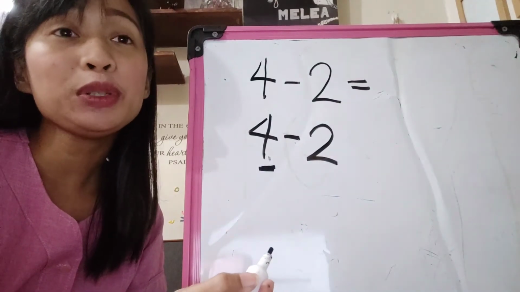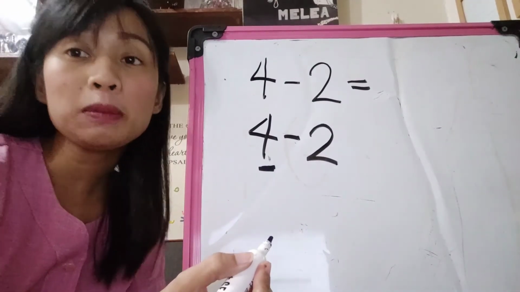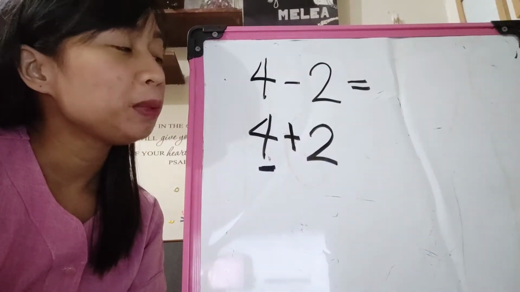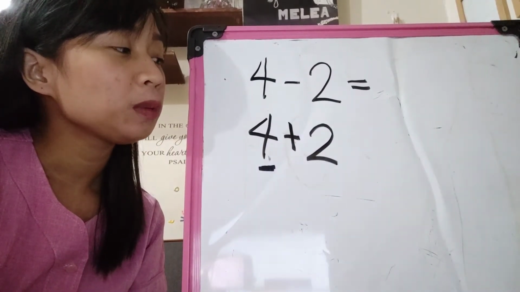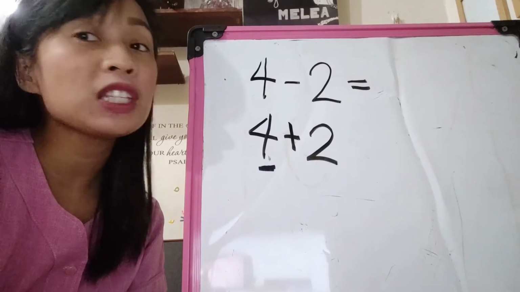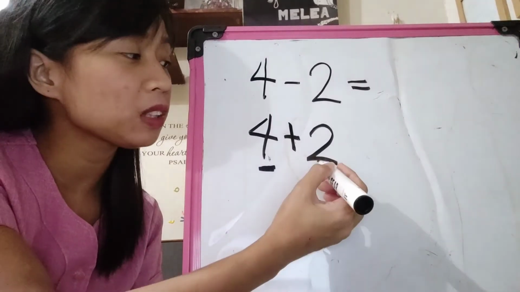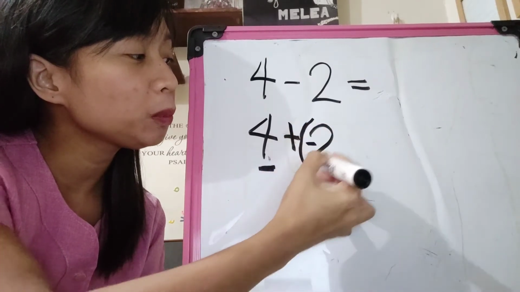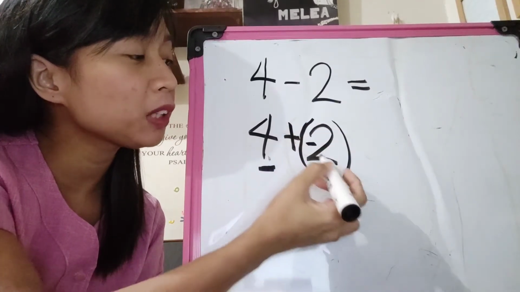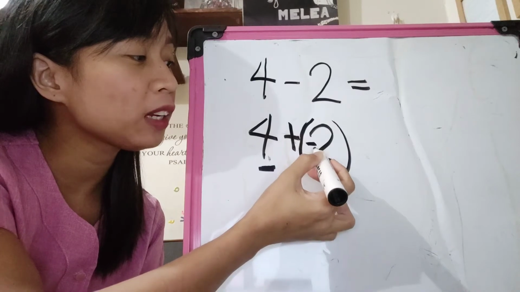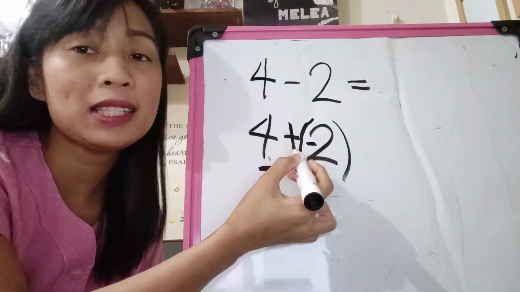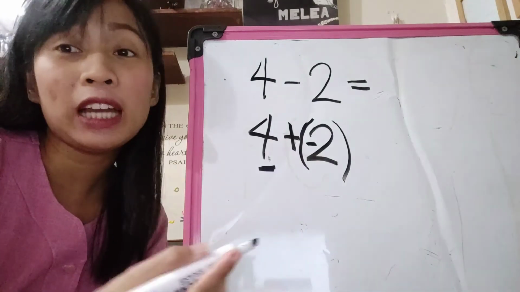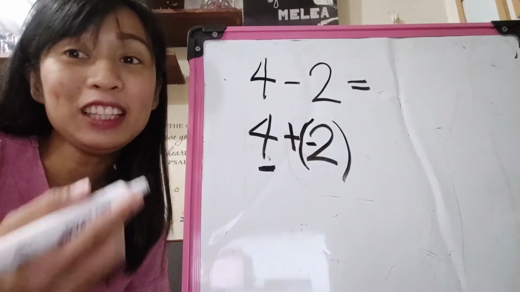And then, change the operation from subtraction to addition. So, from minus, make it plus. Third rule, we have to change the sign of the subtrahend. So, this is positive, we'll make it a negative number. We can put a parenthesis so that we can separate the sign of 2, which is negative, and the operation, which is addition.